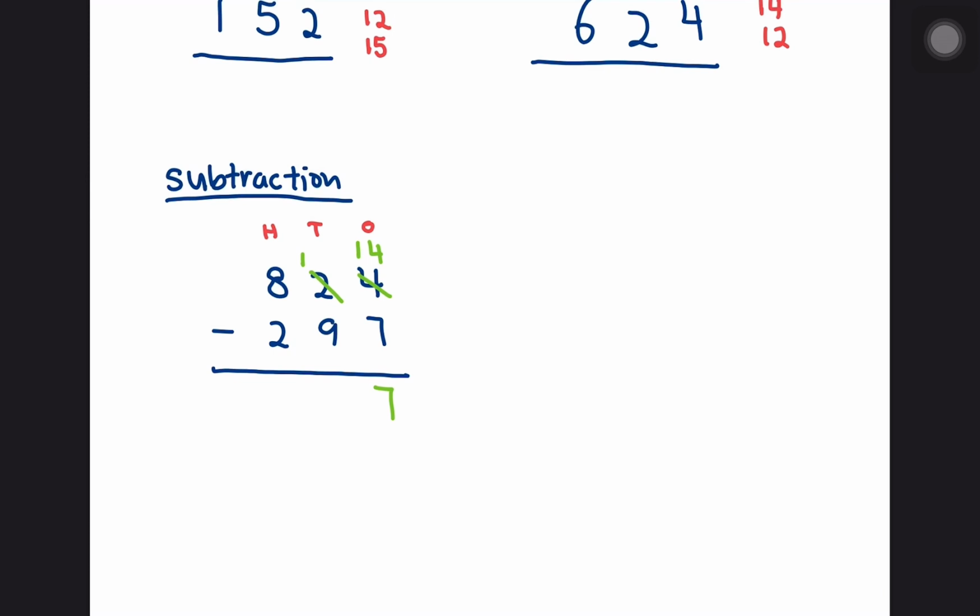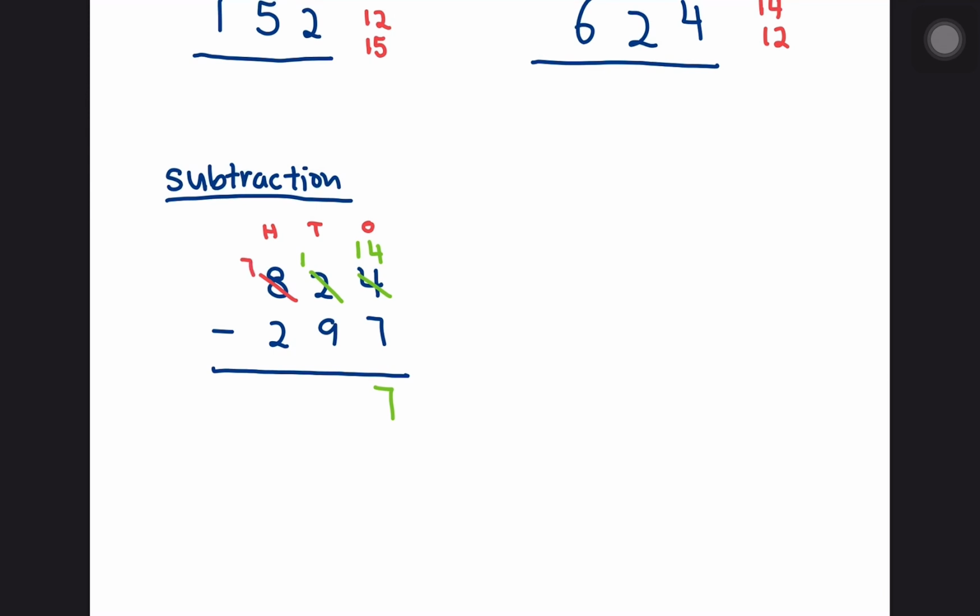Next, we will subtract the tens place. Oh dear, we only have 1 ten. Can 1 ten minus 9 tens? Can the small number minus the big number? No. So we will need to regroup from our next door neighbor. Now our next door neighbor has 8 hundreds. So we just need to take 100. So when we take away 100, I have 8, I'll be left with 7.